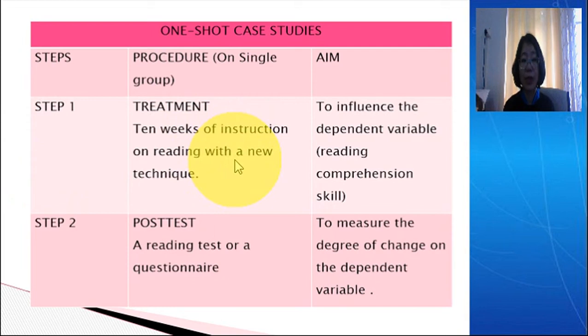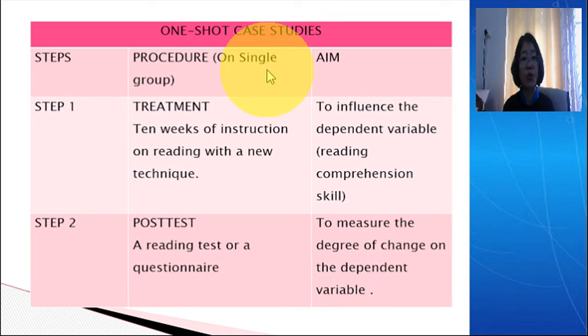So here in one-shot case study, we decide on one group, class 5, and we have a treatment ready of 10 weeks of instruction on reading with a new technique. After 10 weeks, we do a post-test. This group does not have a pre-test, only a post-test, and it does not have a control group to compare.